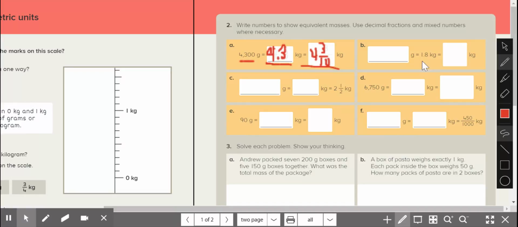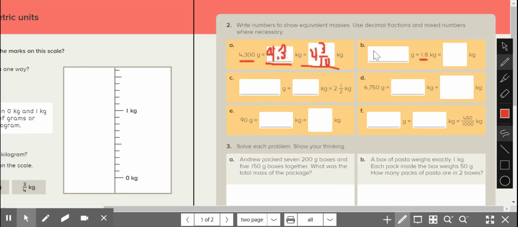On B, and B is the only other one that I'm going to do on this section, you'll need to keep in mind that you're going to convert by either dividing or multiplying by 1,000. If we have the number of kilograms and we need to find the grams, we're going to take this number times 1,000.